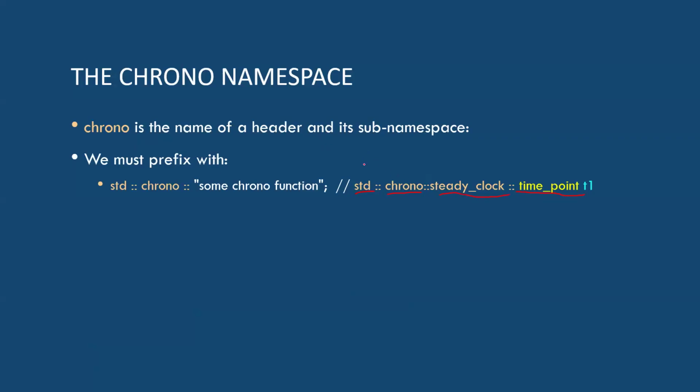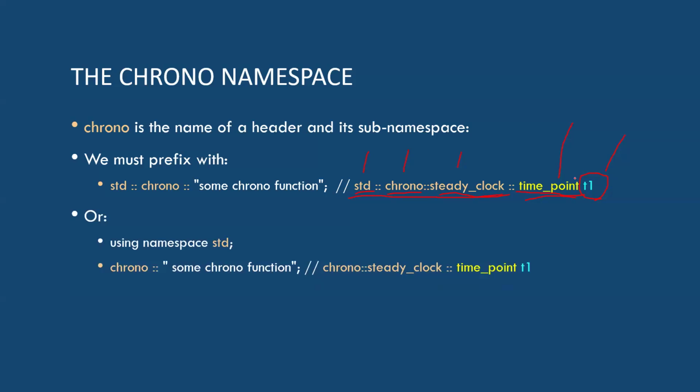They're kind of hierarchical: std, chrono, steady clock, instance of the time point class. So here we're saying t1 is a variable that represents a point in time. So that whole mess is there just so we can get a variable that we can eventually set to a point in time, okay? So std chrono kind of helps us do that.